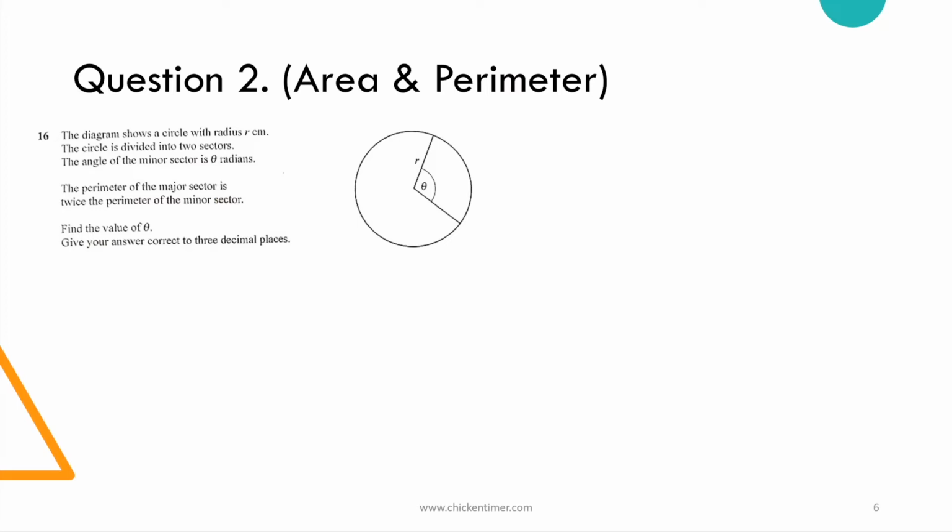Second question. The shape over here is made up of two sectors, one which is the major sector and one which is the minor. This is the major sector, this is the minor sector.